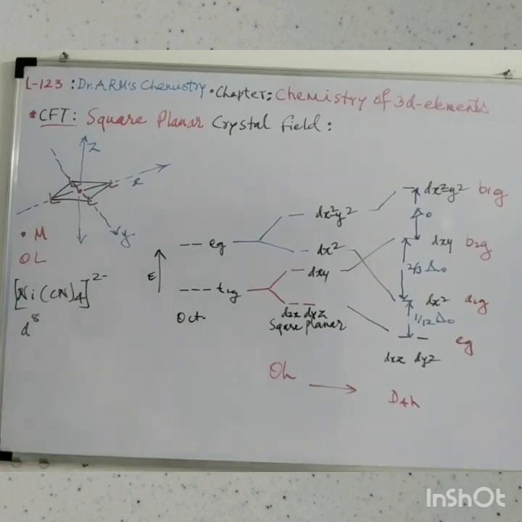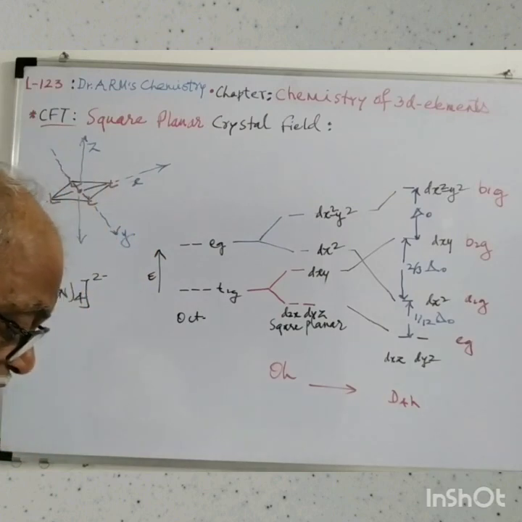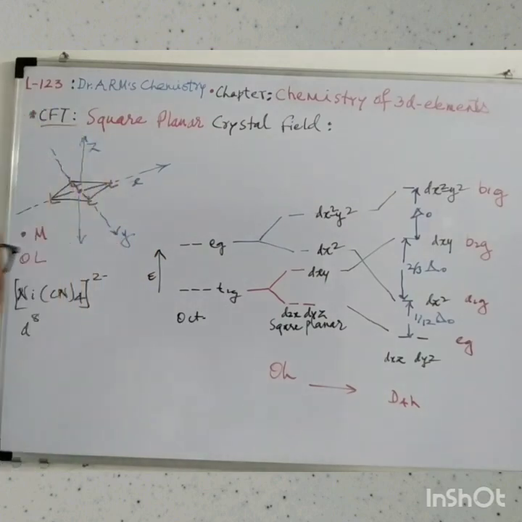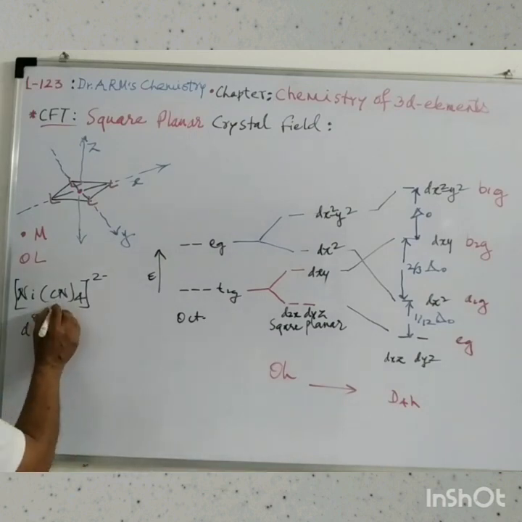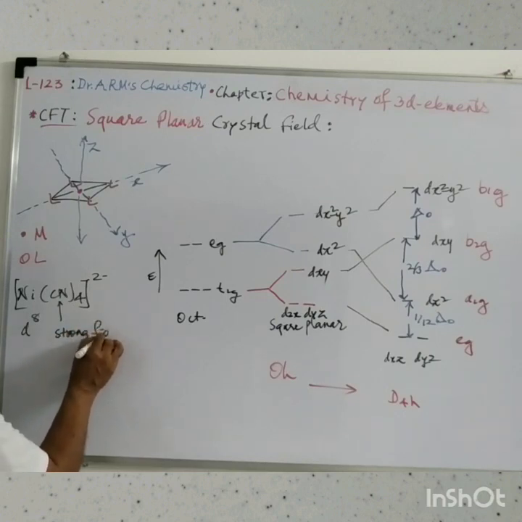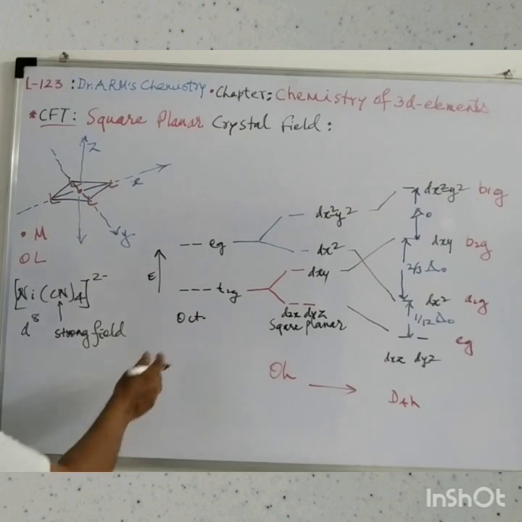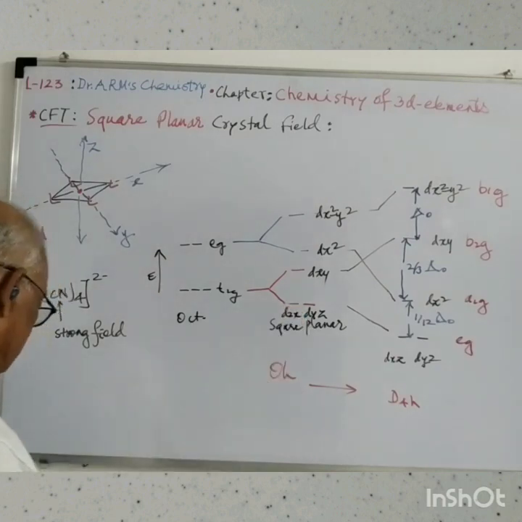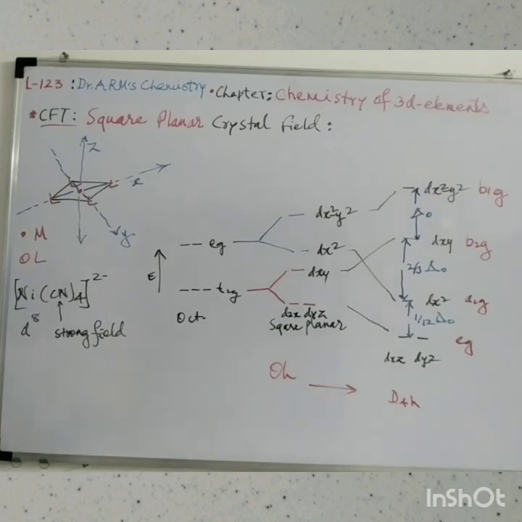This ligand is a strong field ligand, and if we distribute these electrons here, we can find the electron distribution like this. So we can show the square planar as well as tetrahedral structures.